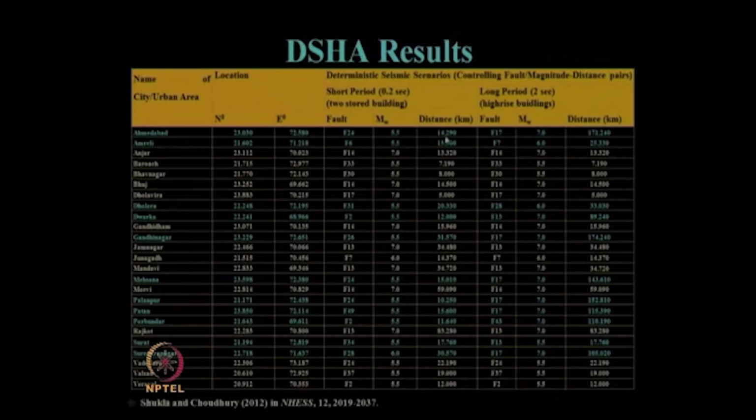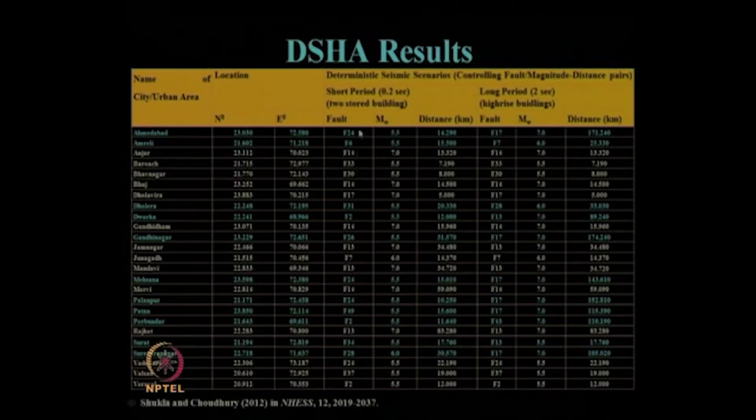So, all these blue color cities are having different faults in different conditions of short period and long period, which are considered as the most hazardous fault as per this deterministic seismic hazard calculation. Whereas, other cities which are in this light yellow or off white color, like for example, the 4th row, Bharuch city.